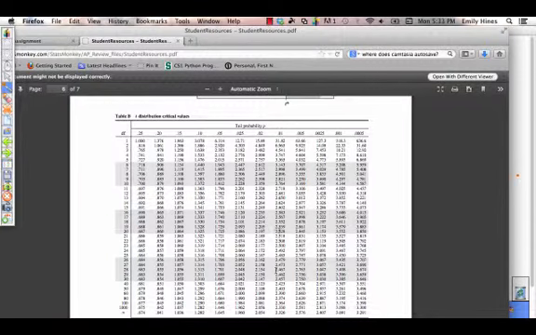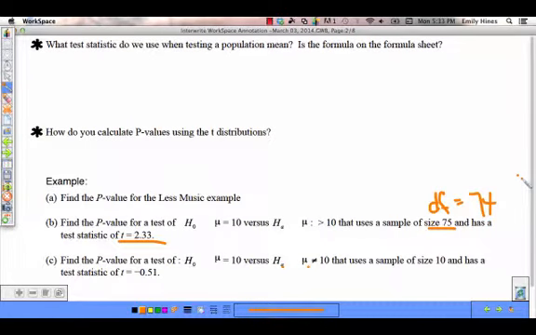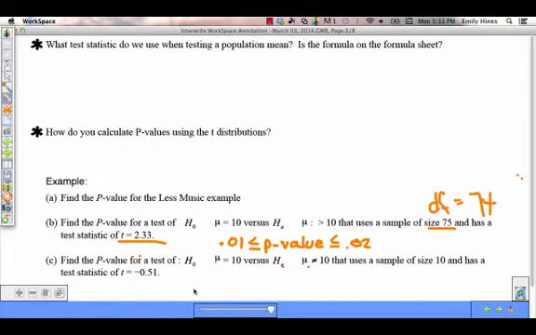And when I look up, I see the same thing. My probability is between 0.02 and 0.01. So I know my p-value is greater than or equal to 0.01, less than or equal to 0.02. And because it wasn't any of these exact values, I actually know that it's not even greater than or equal to. It's just greater than and less than.